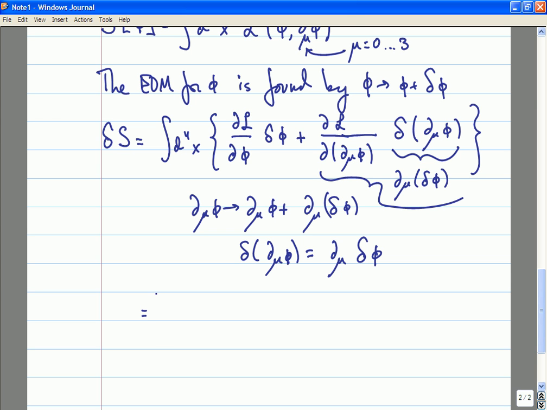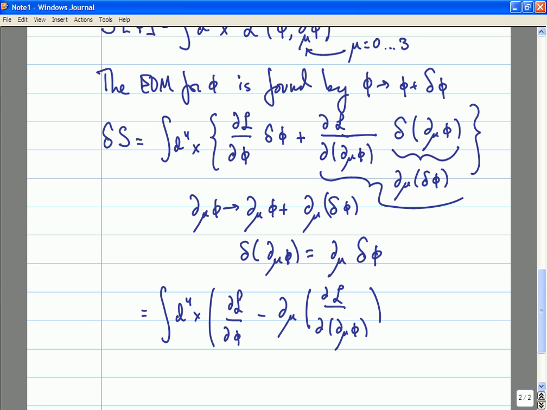This is then the integral d4x of the derivative of the Lagrangian with respect to phi, minus the derivative of the derivative of the Lagrangian with respect to d mu phi, all times delta phi, plus a boundary term, which comes when we integrate by parts. Or if I wanted to use more fancy language, I would say it's the boundary term that we obtain by using Stokes' theorem. Stokes' theorem is just the higher dimensional version of integration by parts.